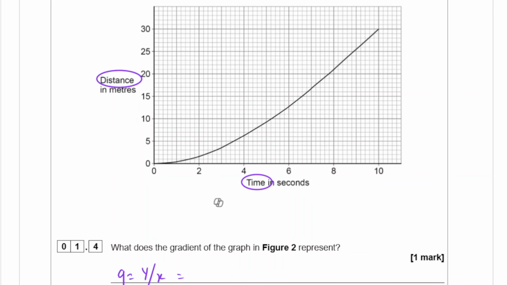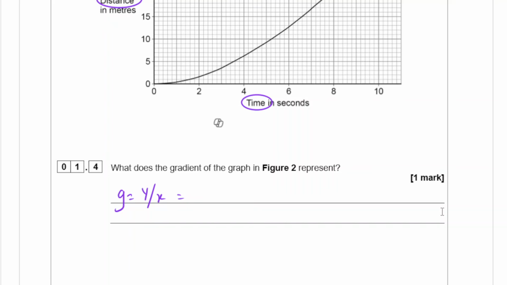So if I divide the distance by the time, I would get speed. Distance divided by the time, that's a speed. So what is the gradient of the graph? Speed is the gradient.